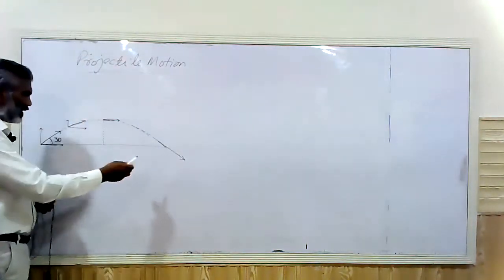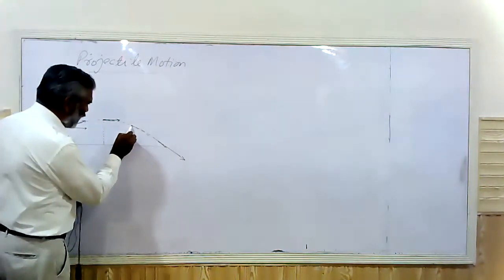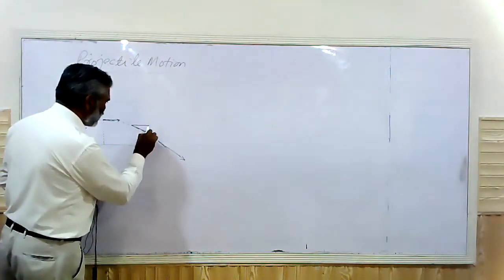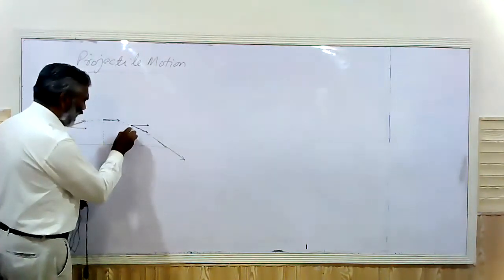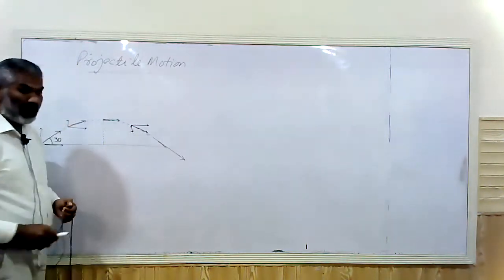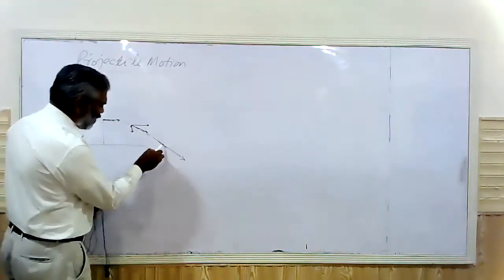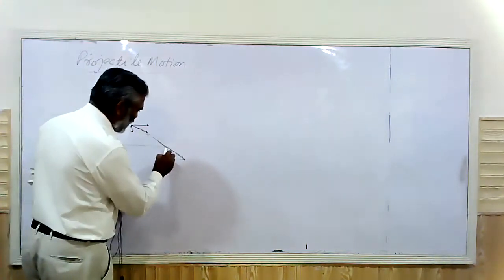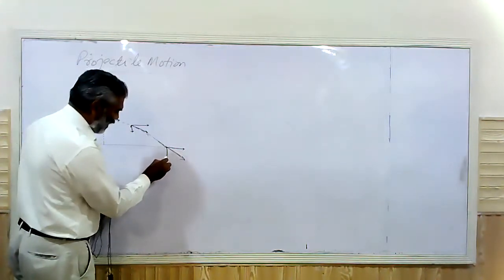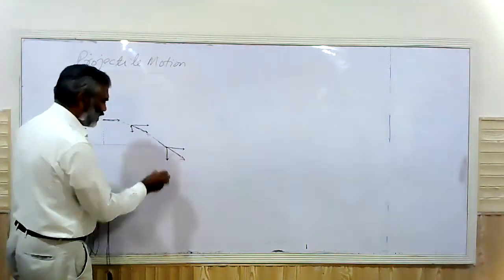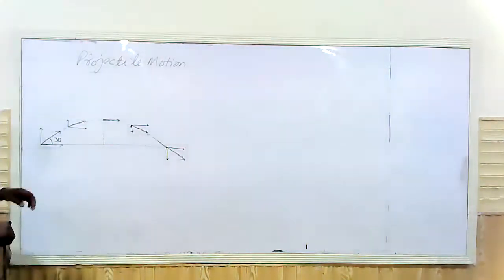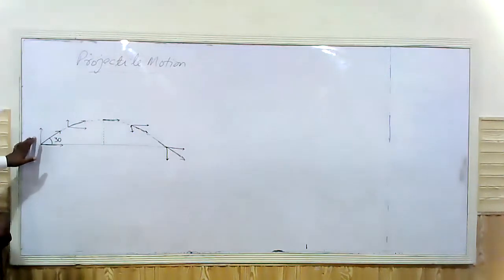But a moment later, when the object is here, it has the same horizontal component of velocity, and a vertical component of velocity is now developing in the downward direction, and when the same object hits here, it has that same horizontal component of velocity and the final large vertical component of velocity, which is same as it was here in the beginning.